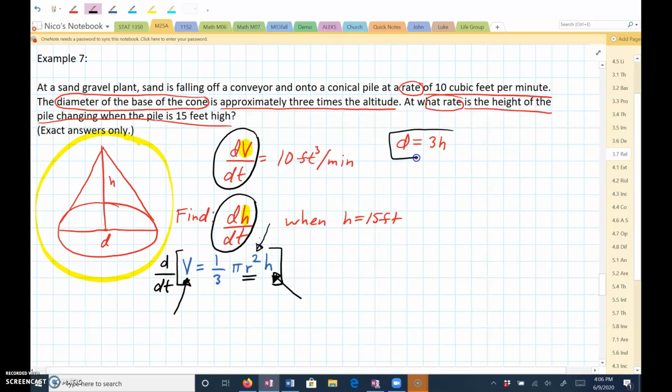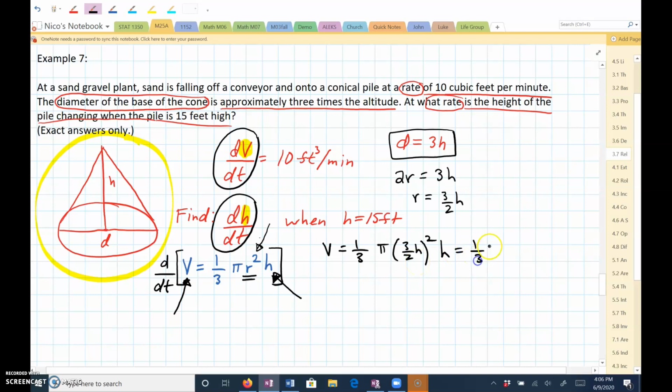Well, from this piece of information, we know that 2 times the radius is equal to the diameter, so my radius is equal to 3/2 h. Now I can substitute into this formula. V equals 1/3 pi, replacing r with 3/2 h, and I still have to square that, times h.